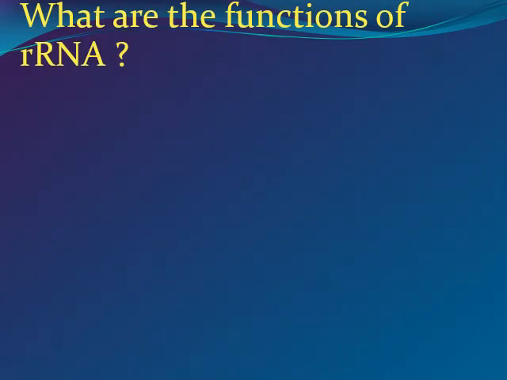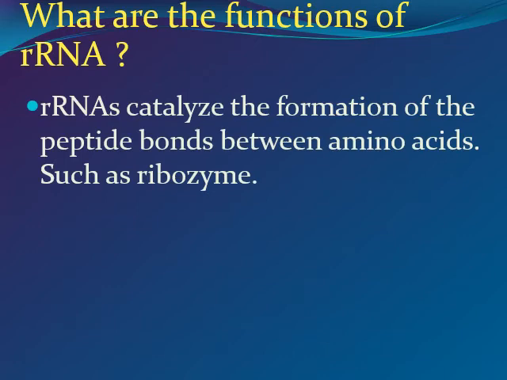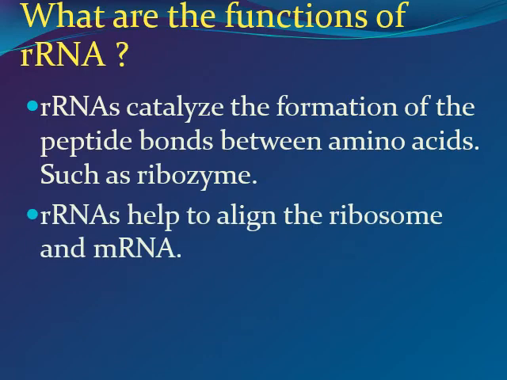What are the functions of the ribosomal RNA? Ribosomal RNAs catalyze the formation of the peptide bonds between amino acids, acting as a ribozyme. They also help to align the ribosome and messenger RNA.